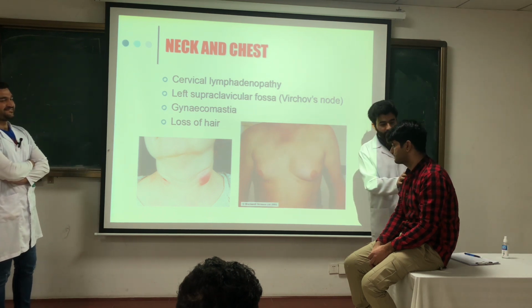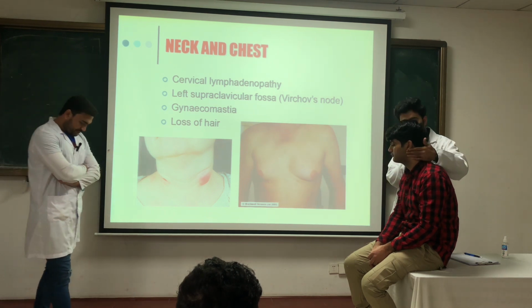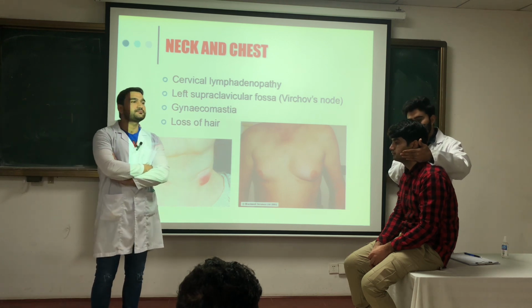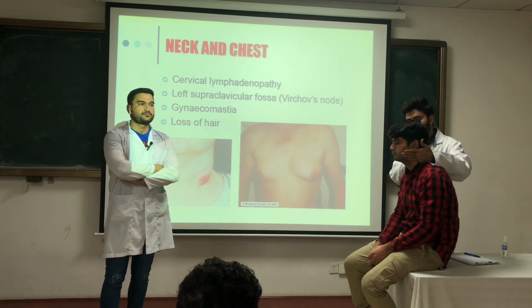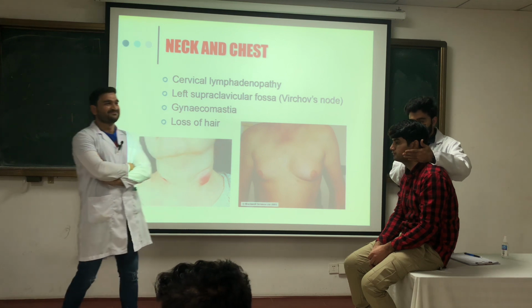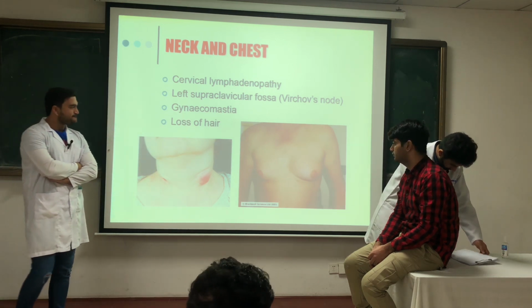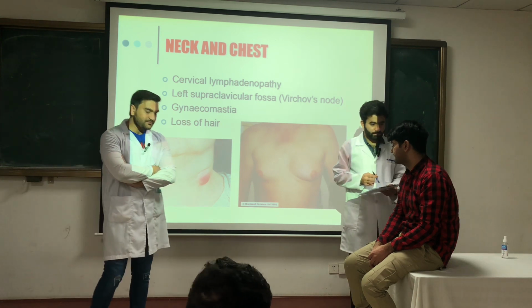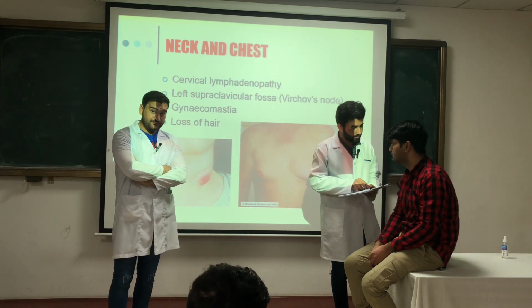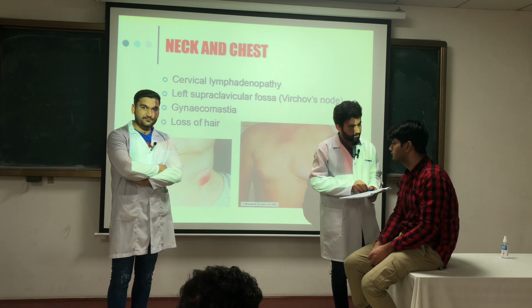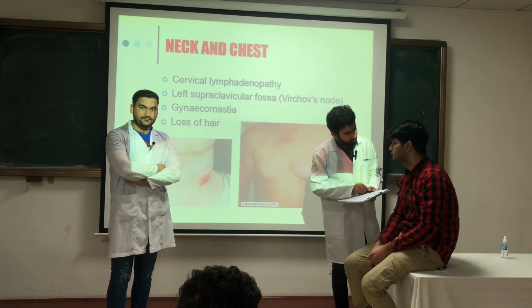After that, we also look at the patient's parotid gland to see swelling, which may be due to chronic alcoholism. Okay, sir, thank you. Then at the patient's face, we look for spider nevi. Also, in the eyes, we look for jaundice and pallor.